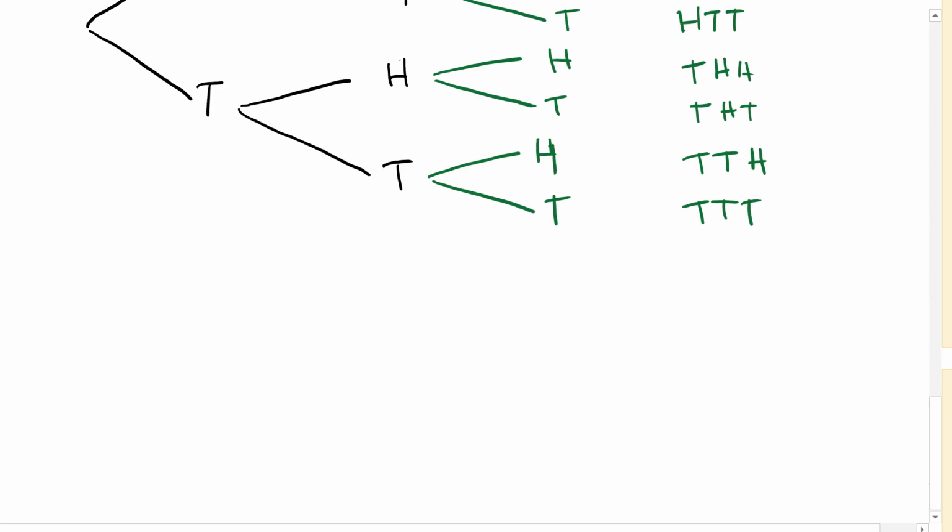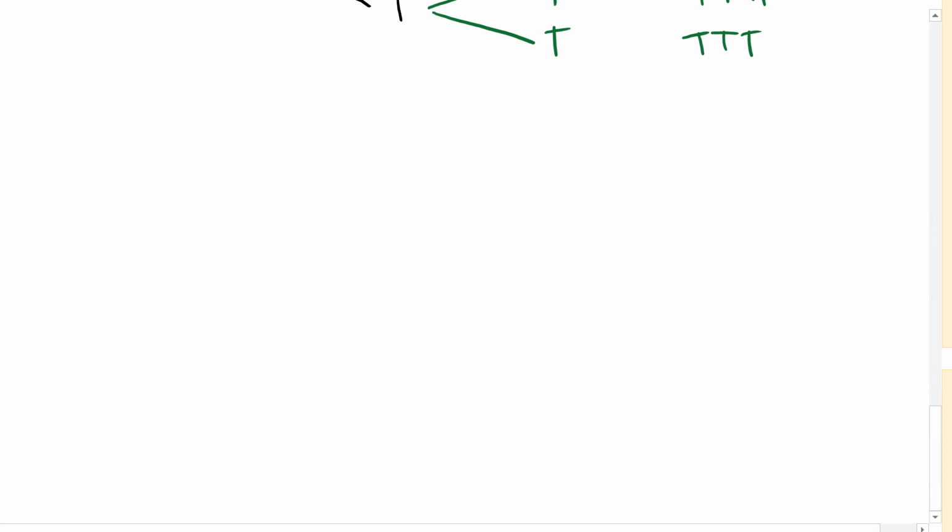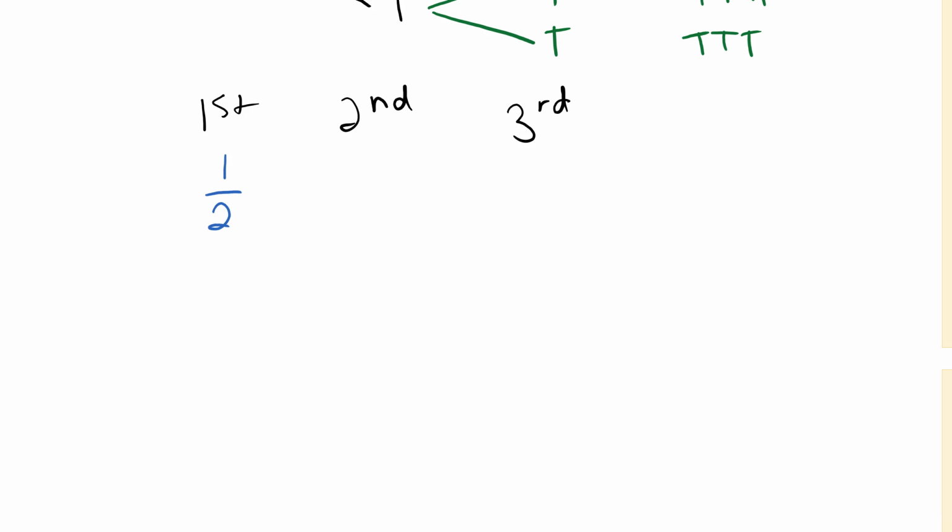Another way that you can look at this is you're going to flip the coin 3 times. So you have the first time, the second time, and the third time. The probability of getting a head the first time is 1/2, because you either get a head or a tail. The probability of getting a head the second time is also 1/2.